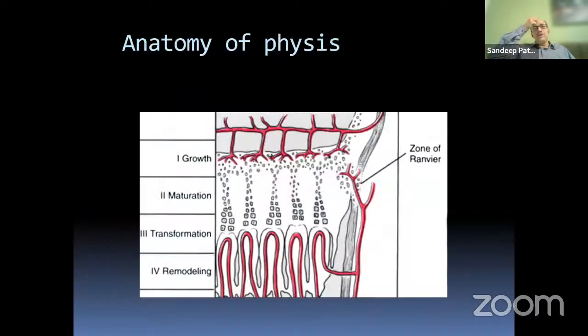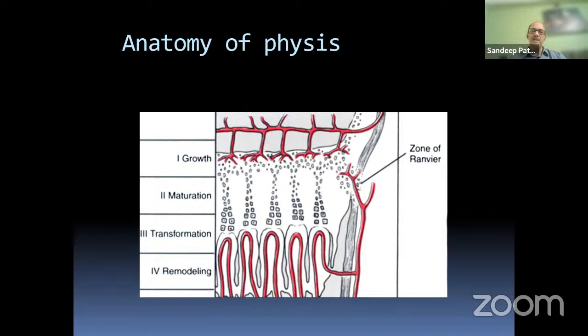So we talked about the anatomy of the physis. This is again to remind you from where growth happens and where the blood supply comes from. The basal layer is towards the cartilage of the articular side. This is where the resting cells are. Then they mature, get early ossification, and form metaphyseal bone or remodeling in the metaphyseal area, where you have the hairpin loops of vascularity where osteomyelitis starts.